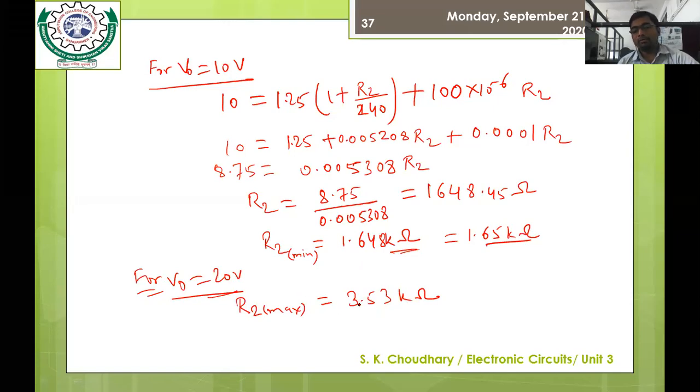So this is the way to solve this. And at the end, you have to write in one sentence what the value of this one is. So thank you all of you for attending the lecture today. Next lecture we will discuss the LM337. Okay, thank you all of you.